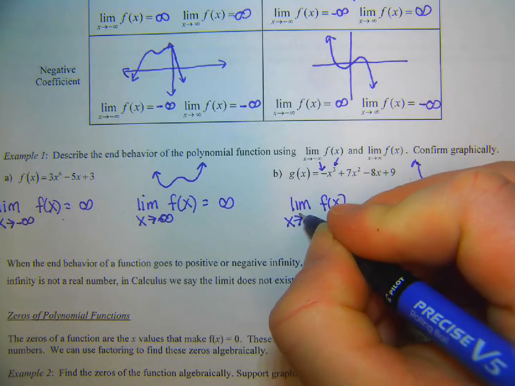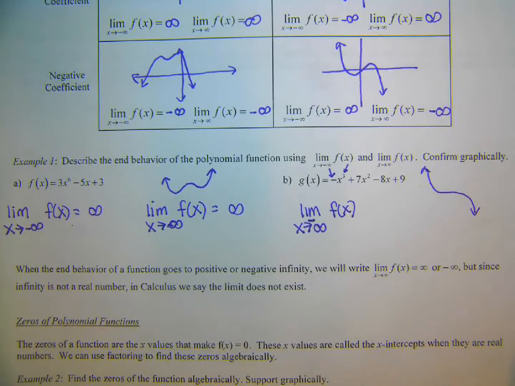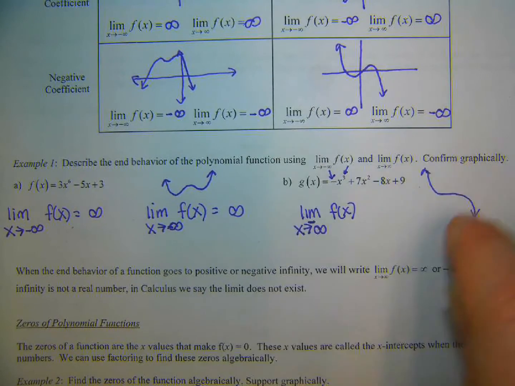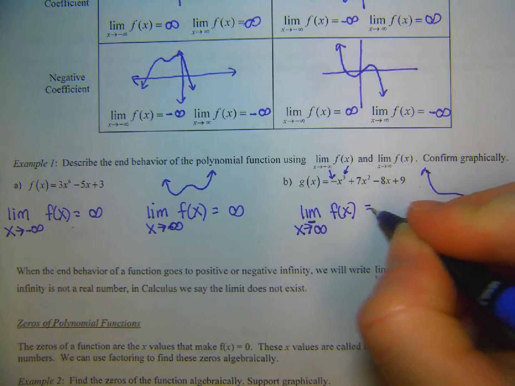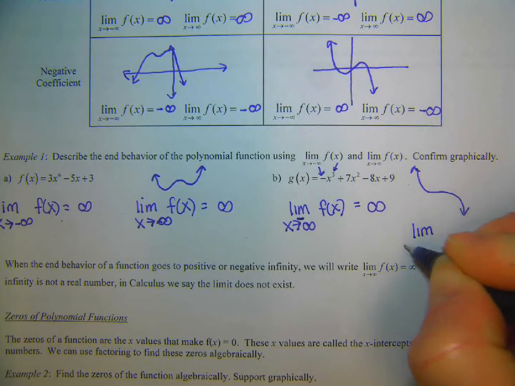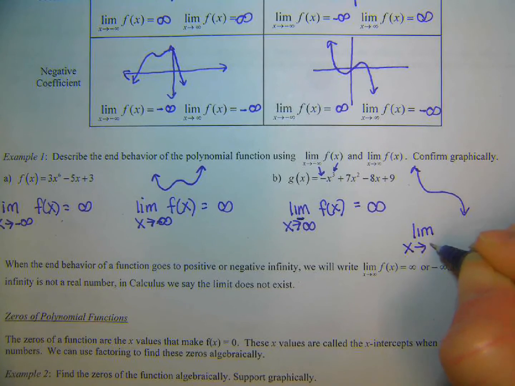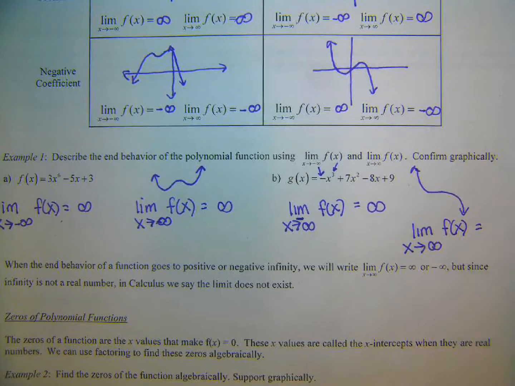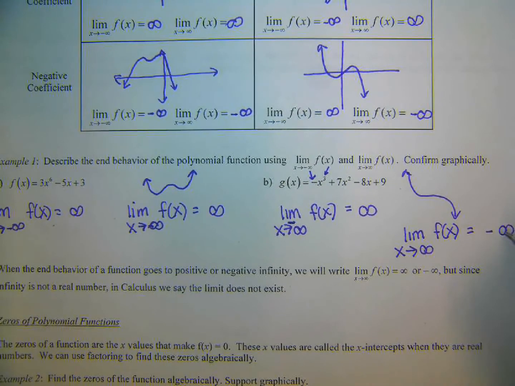Oops, I should say negative infinity first to stay consistent. So that means as x goes to the left, the function goes up. Then the limit as x goes to positive infinity of f of x, the function goes down. So we would say negative.